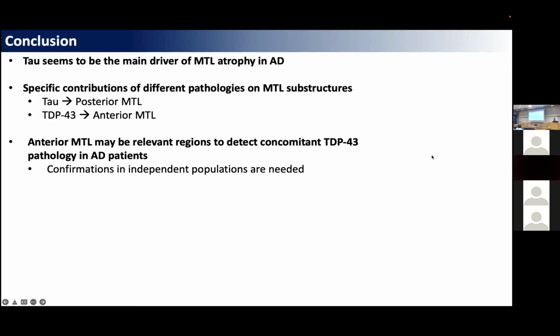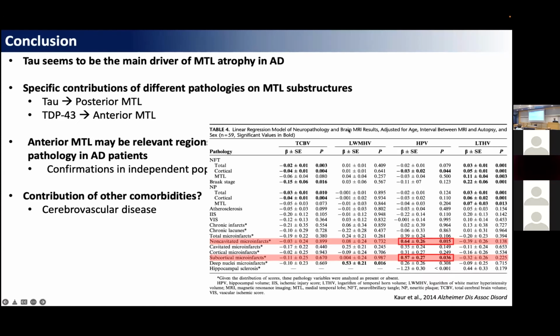So these data also suggest that using structural measures such as the anterior MTL might be relevant to detect additional TDP pathology in the context of Alzheimer's disease, but we really need to confirm that in other data.